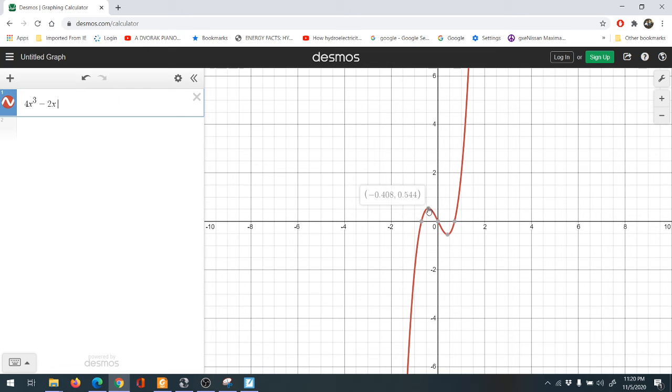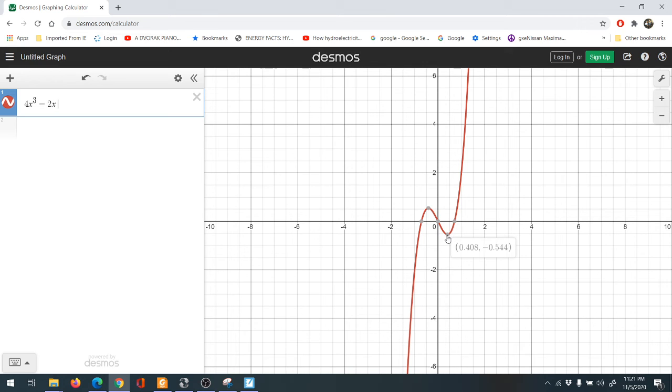Our y here is maximum, which is 0.54. This is the maximum point, local maximum, because we still have the graph going up there to infinity.